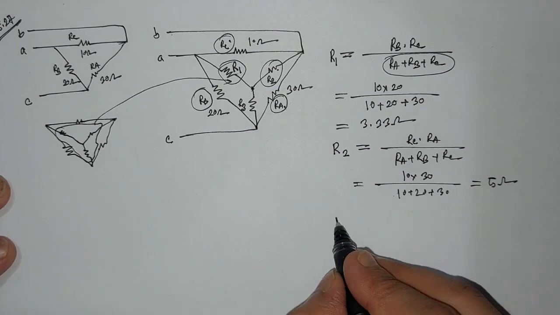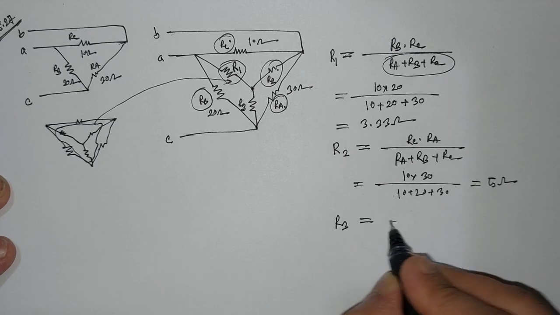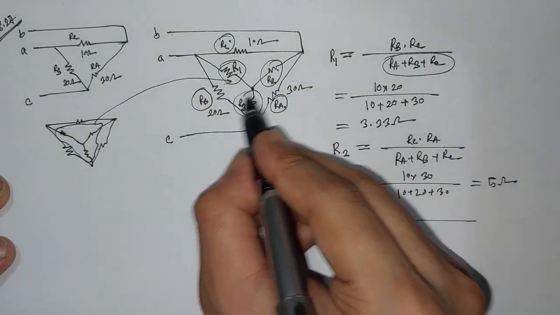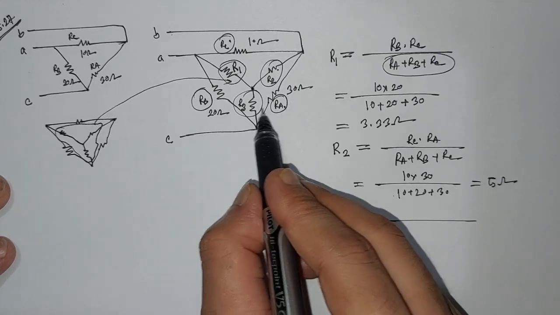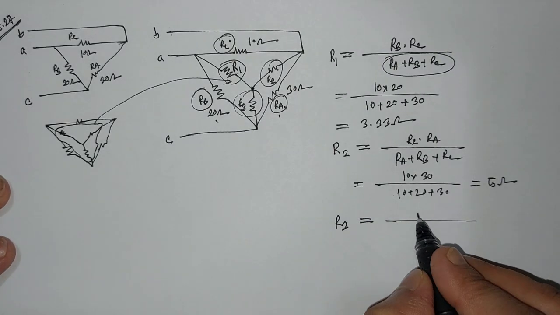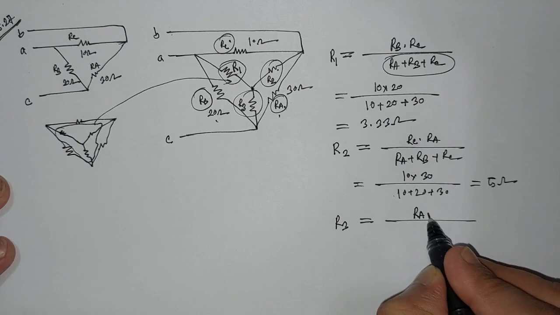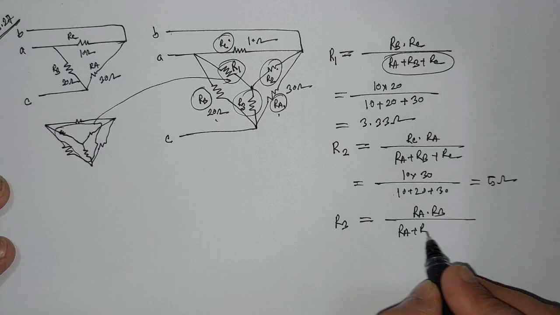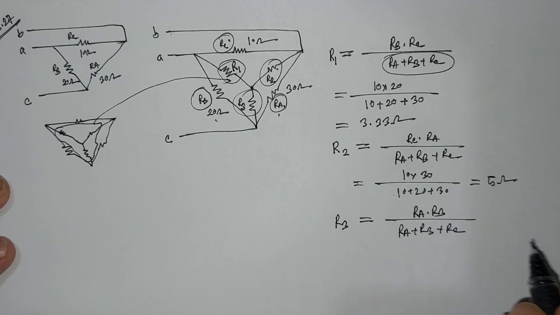Now we find out R3. Similar to R1 and R2, for R3, the two side resistances are RB and RA. So in the numerator it will be the multiplication of RA and RB divided by RA plus RB plus RC.